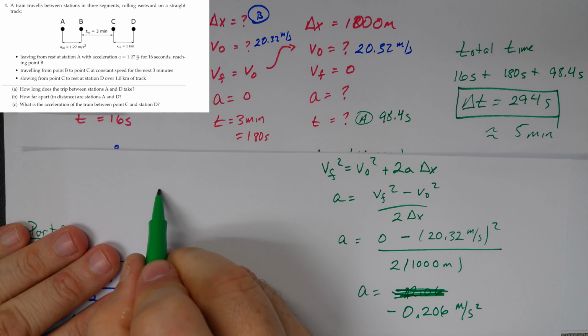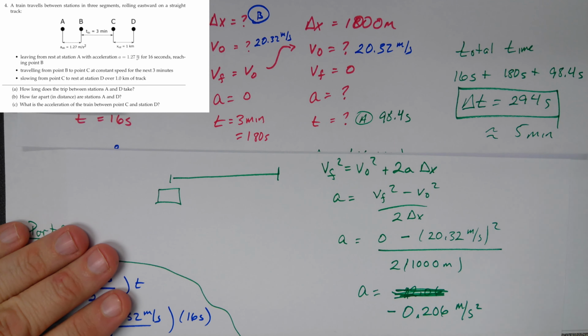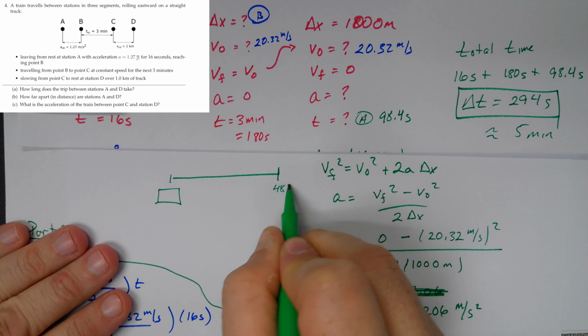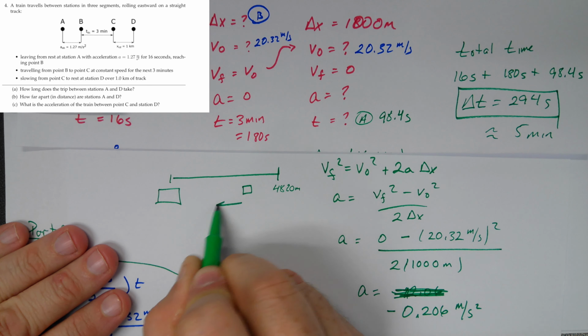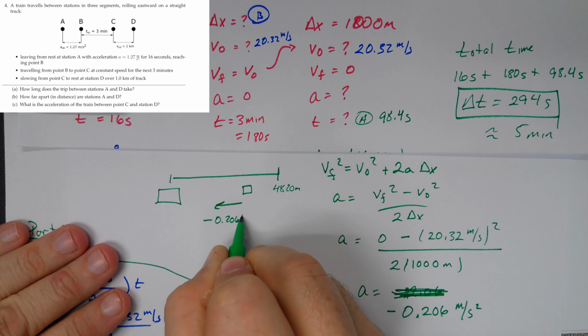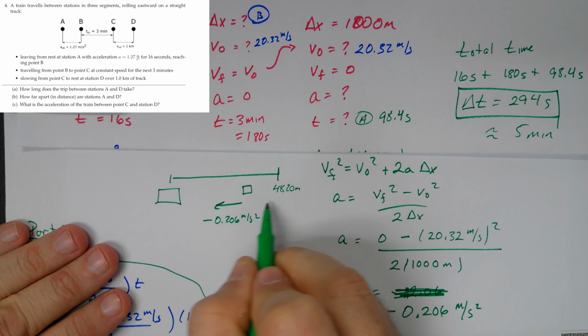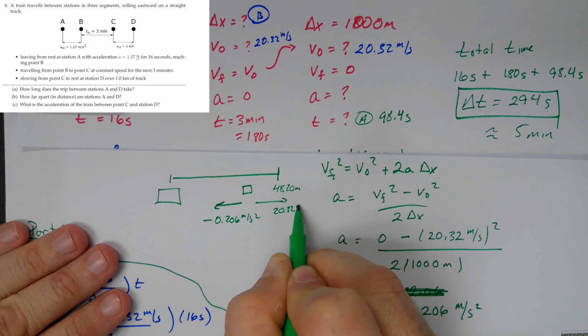So now I'll draw the train briefly. Right. This is how far it goes. It goes to 4,820 meters. And in this last little segment, its acceleration is that way. Right. And its velocity is 20.32 meters per second.